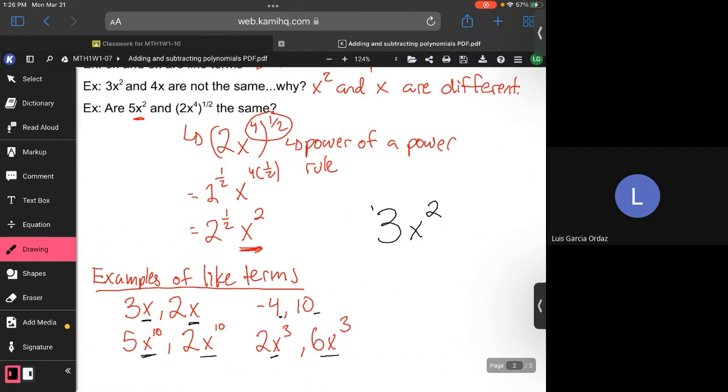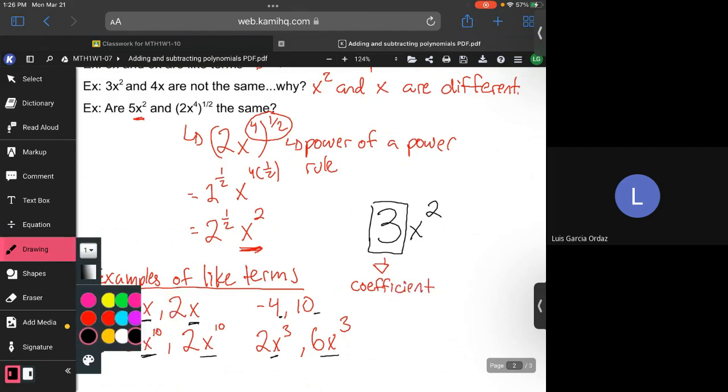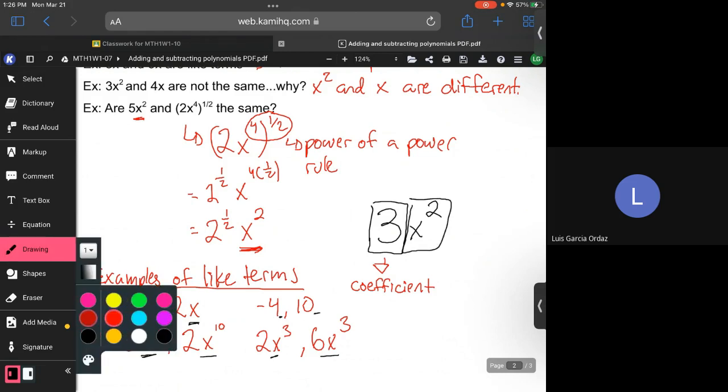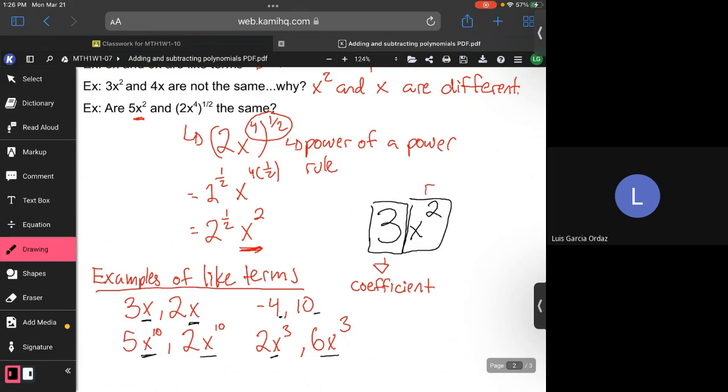So my 3 is my coefficient because that number never changes. And x squared is my variable because I can assign any value to x. Everyone good so far? We're cruising.